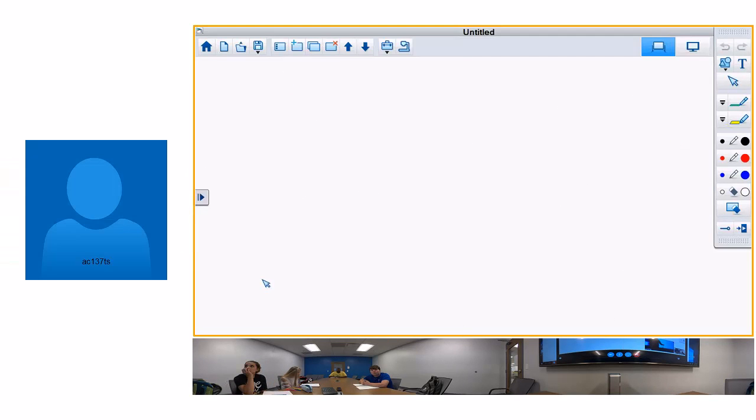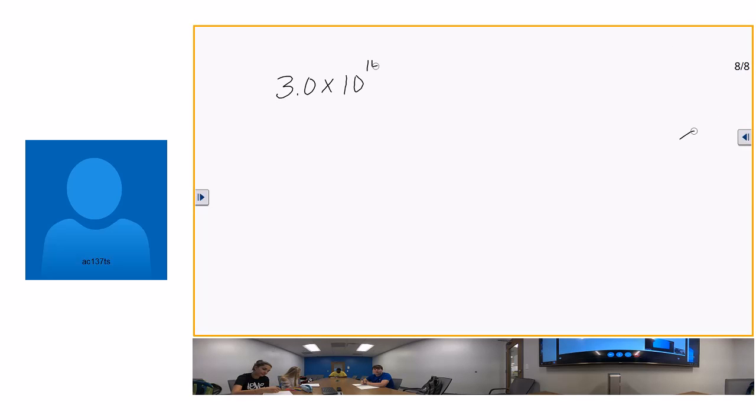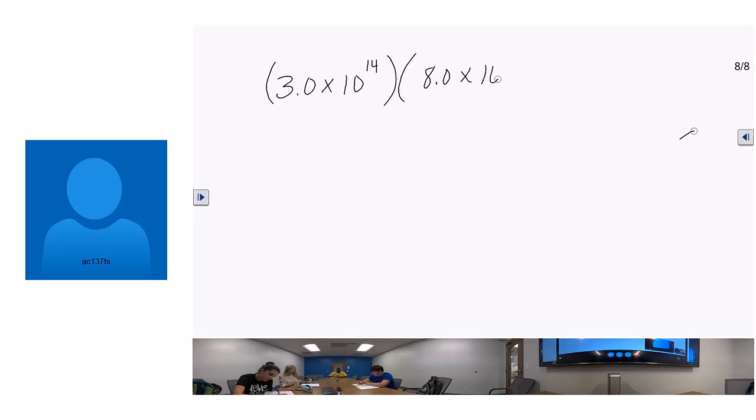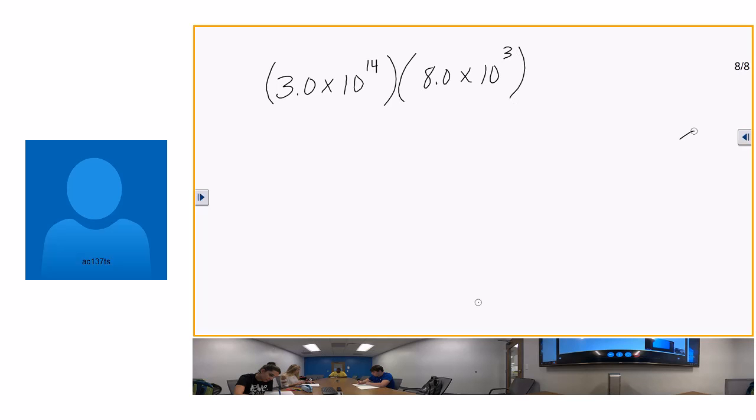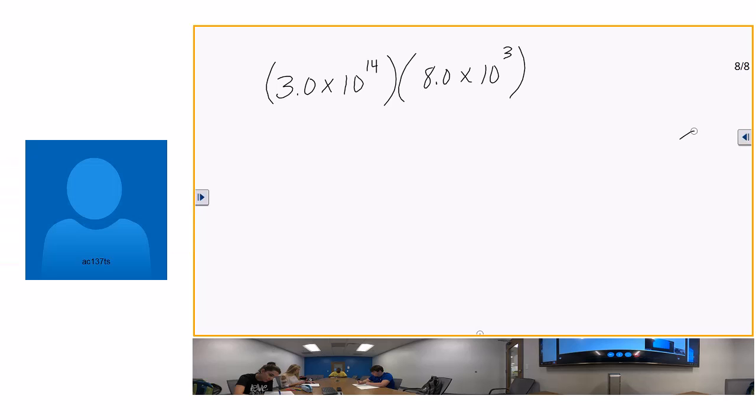So how about this one? 3.0 times 10 to the 14th power times 8.0 times 10 to the 3rd power? This is a scientific notation problem that you do in steps.